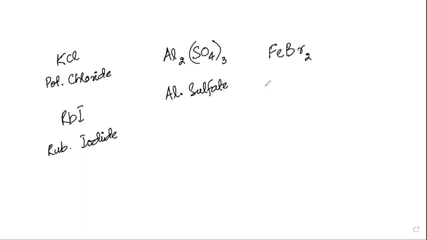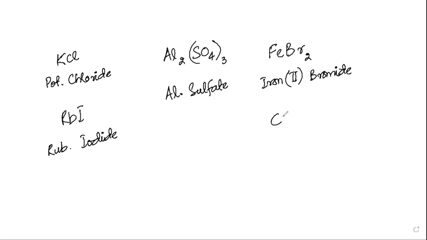Iron 2 bromide. Now, how come you came up with the number 2 with it? That's correct. That's not incorrect. But how can you come up with that? Because of the 2 that's beside bromide, that goes for the iron valency.